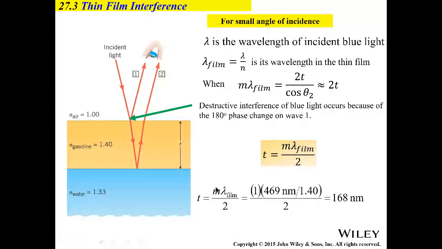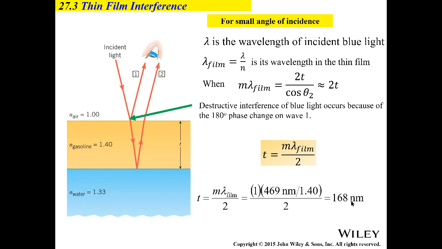It can be 3, it can be 5, but it is for the least, right? Then it is 469, the original wavelength of the blue light, divided by the index of refraction of this gasoline. And they then say the thickness of this film is very thin. It's 168 nanometers. All right.